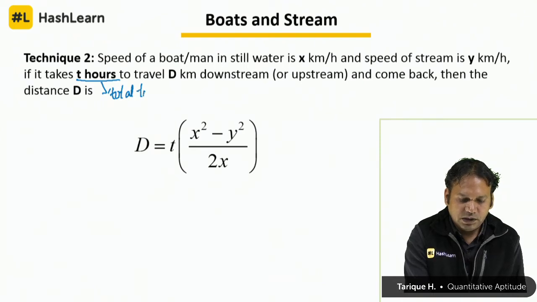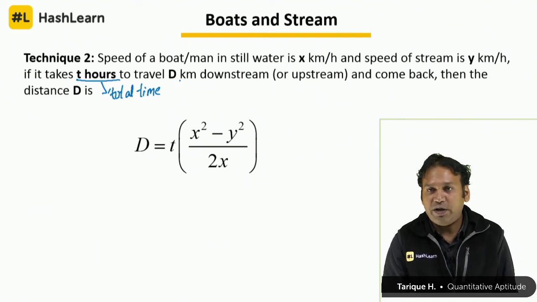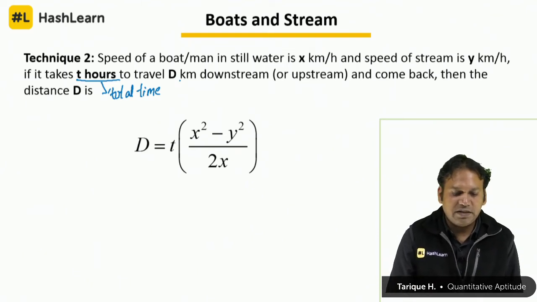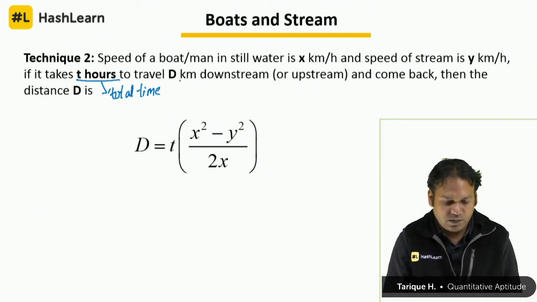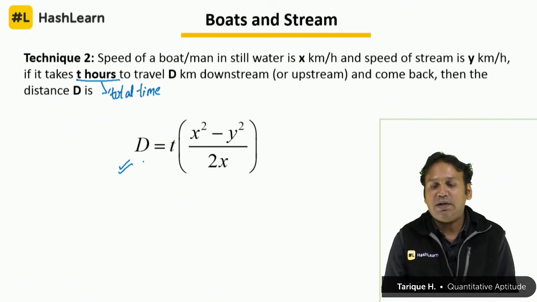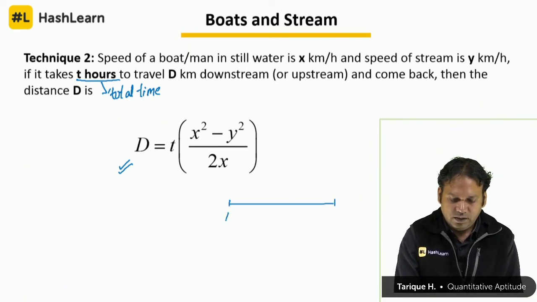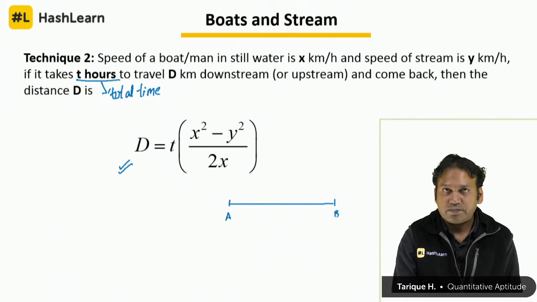what is t hours? Total time to travel d kilometers downstream and come back, then the distance d is equal to, so d is equal to here t into, where t is the total time. So you go a particular distance from A to B, you go a particular distance, distance is d kilometers.